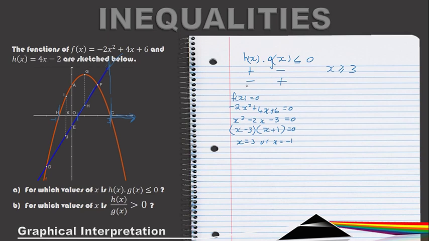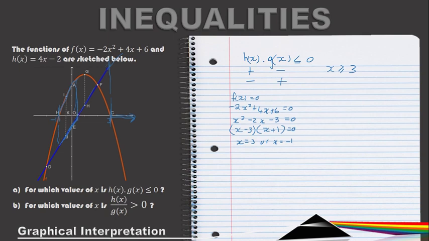Now for the other condition, where is my h(x) negative and my g(x) positive? So that's actually here. See, this is where my graph is negative, but over here the graph is only positive from here. So for this region, f(x) is positive and over here h(x) is negative.